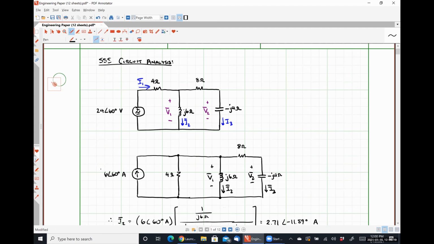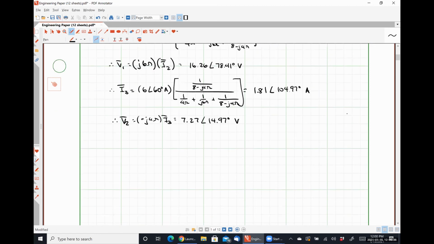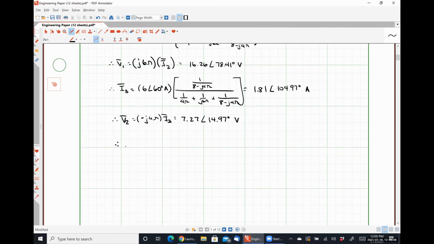because I1 does not exist once we've done that source transformation. So how do we find I1 here? I2 plus I3, just good old Kirchhoff's current law at that top middle node. 2.5, if I can read my handwriting correctly.